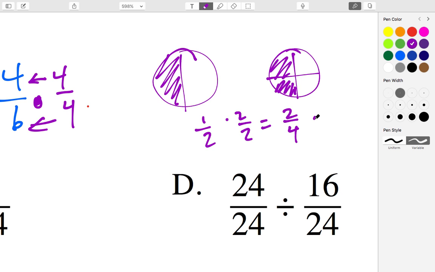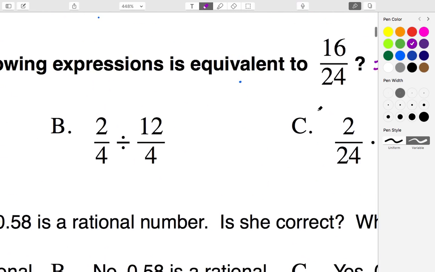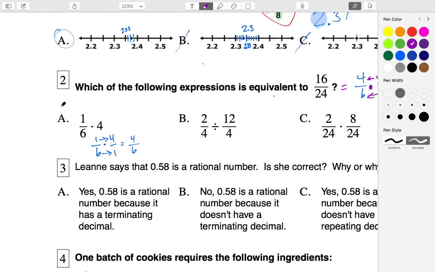If I multiply this by 2, this becomes 4 over 8. And now the pizza just has more cuts. So you have to cut it into 8 slices. Right? And then we still shade the same amount. Okay, so this one is an answer. Let's go to the next.